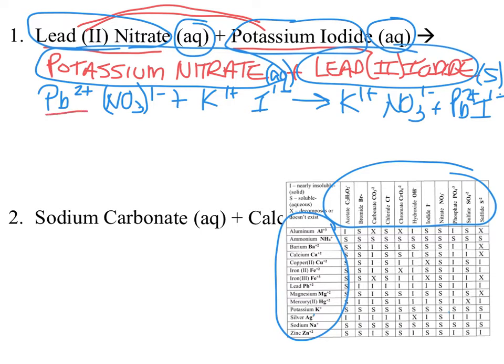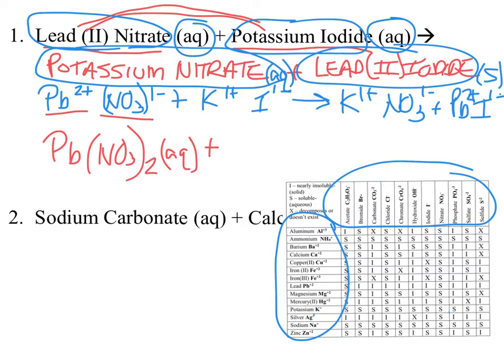If the lead's 2 plus and nitrate's minus 1, I'm going to need 2 nitrates for every lead, okay? So I'm going to say Pb(NO3)2 aqueous, right? That's what it says right here, it's aqueous, plus K plus 1 and I minus 1.